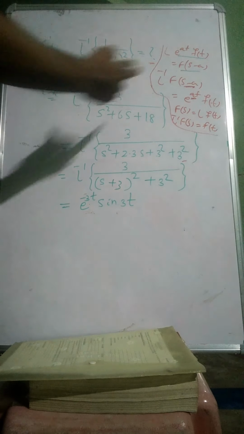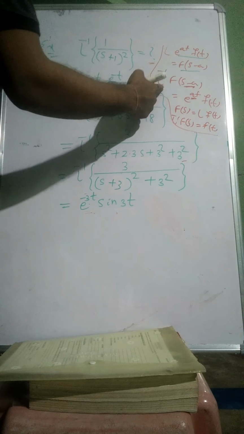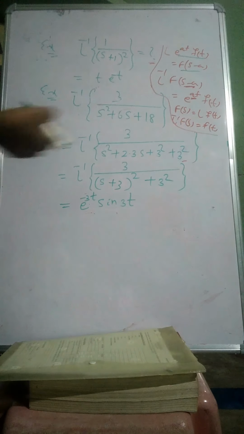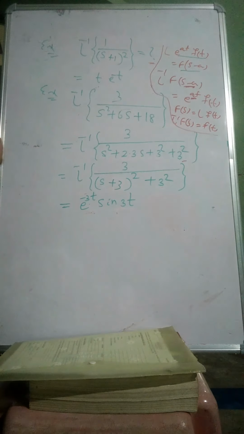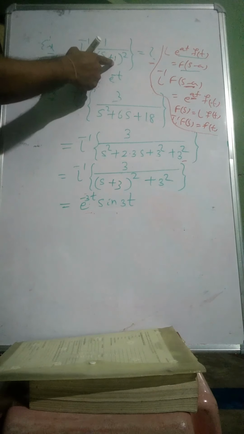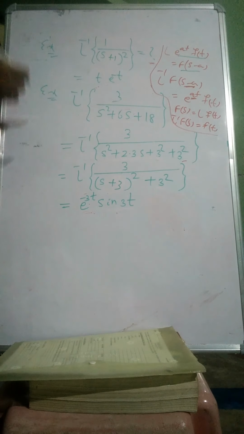If you take inverse on both sides, then it will be Laplace inverse of F of s minus a, and it will be e to the power at into f of t, where F of s is Laplace of f of t. Clear?